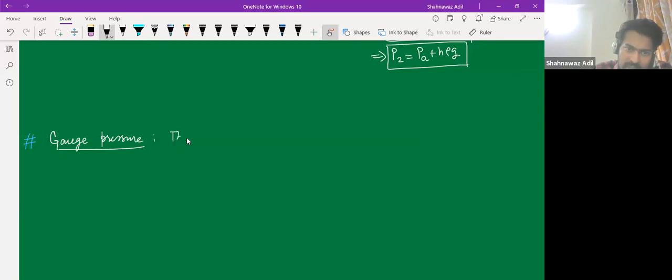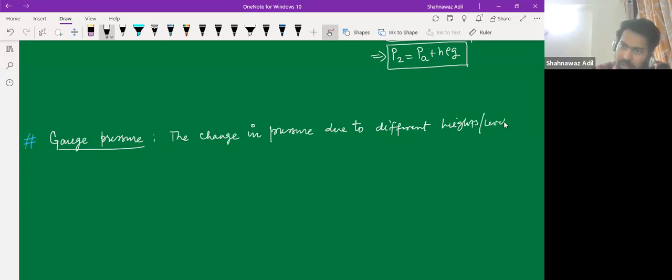So the change in pressure due to different heights or levels is called the gauge pressure, right? And its value we already know.